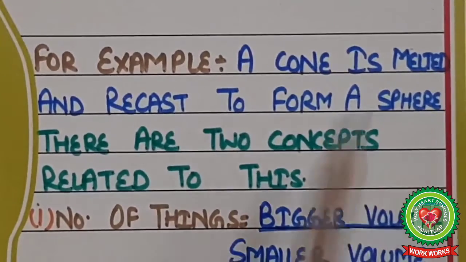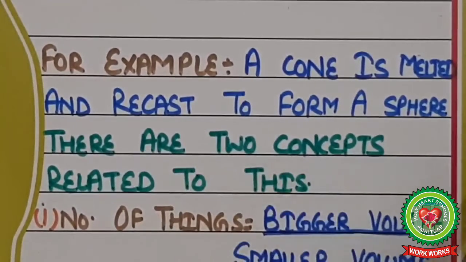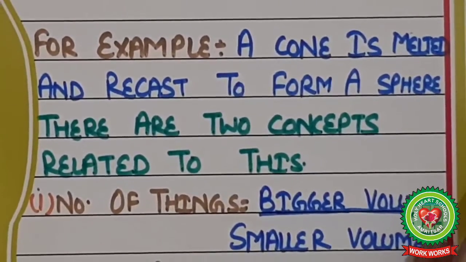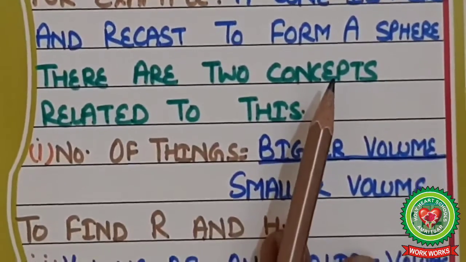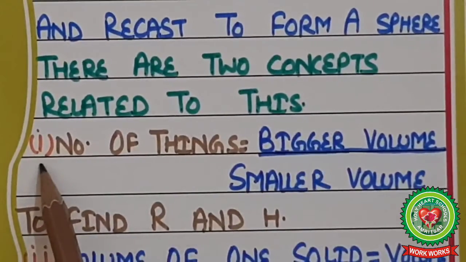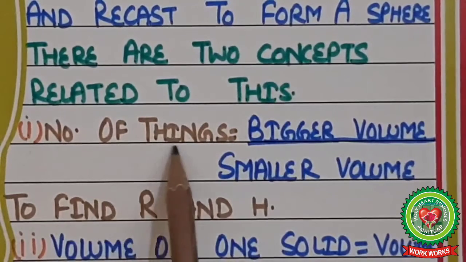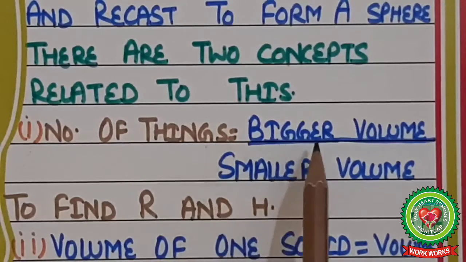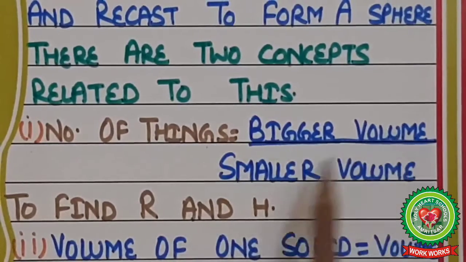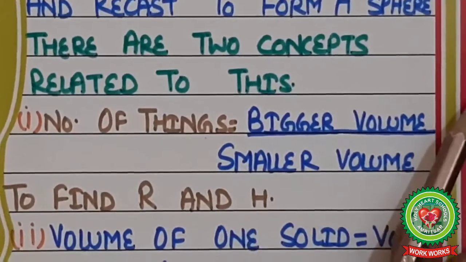Now there are two concepts related to the conversion of solids. Concept number one is finding the number of things. When we have to find the number of things, the formula will be bigger volume upon smaller volume.